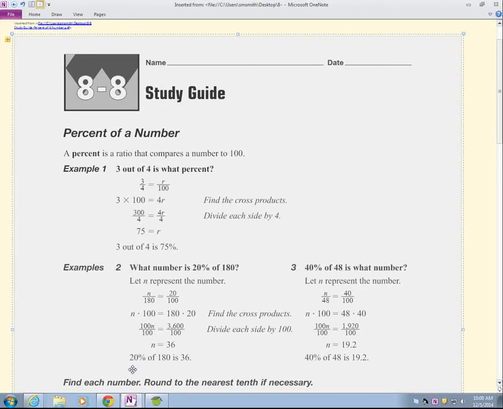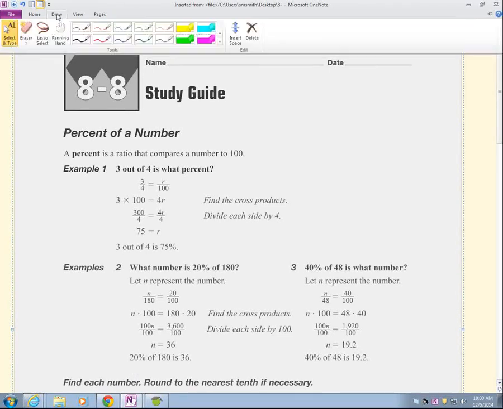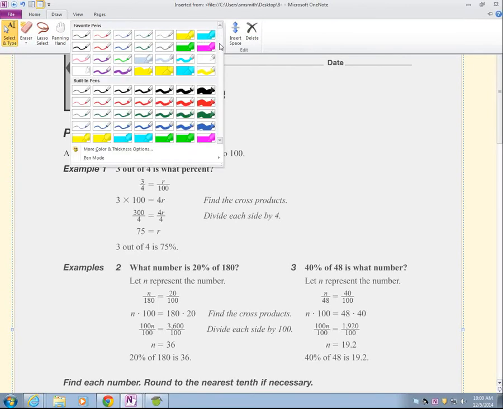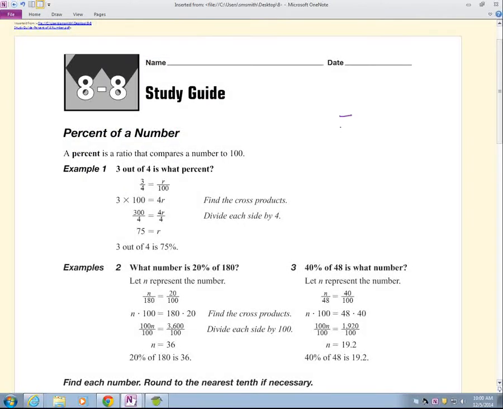Now, one of the big things about proportions is to write down this. I want you to write down this in this area. So you're going to write a proportion, a fraction equals a fraction.